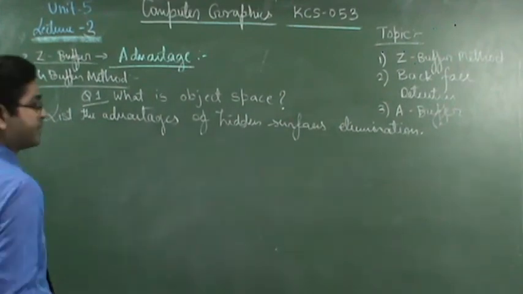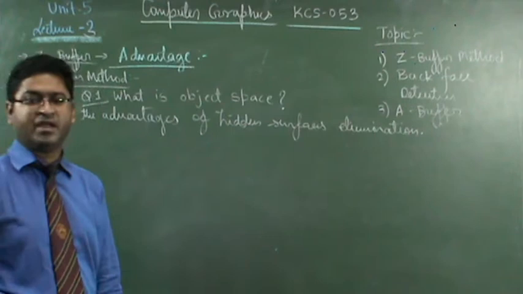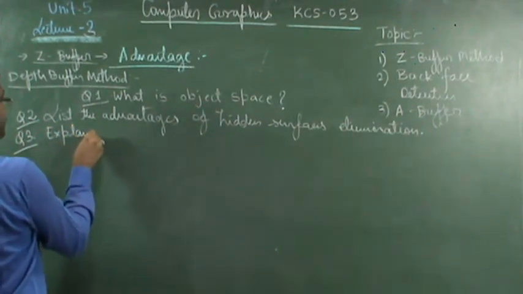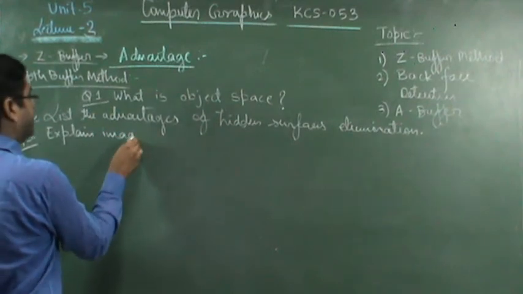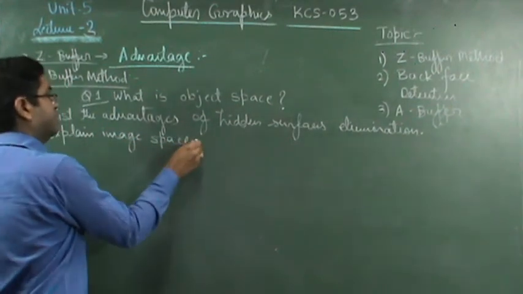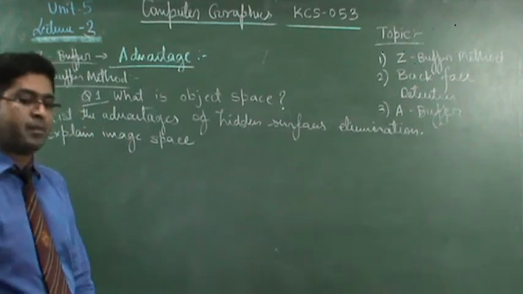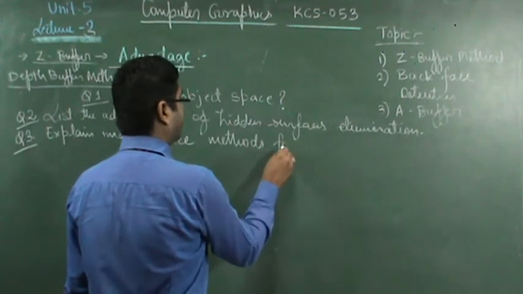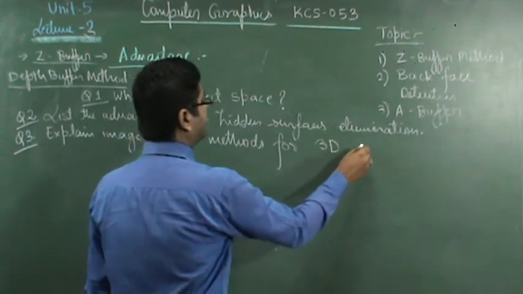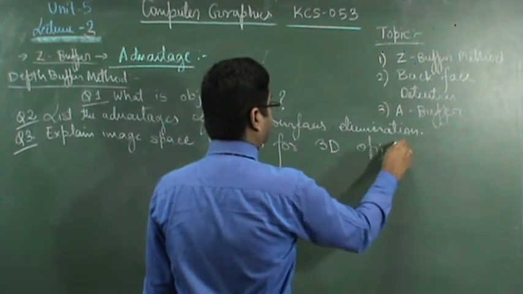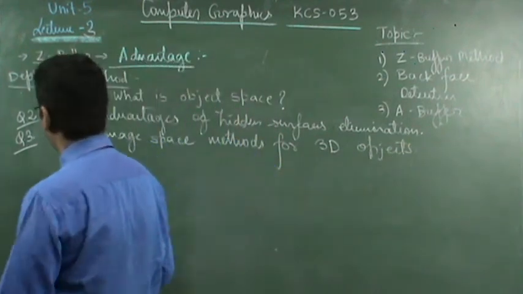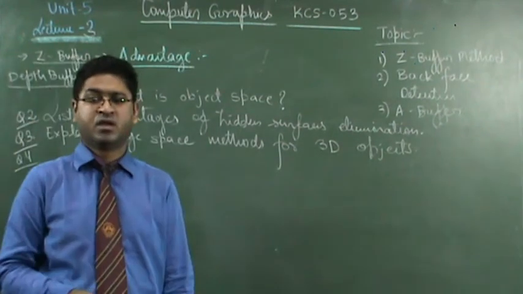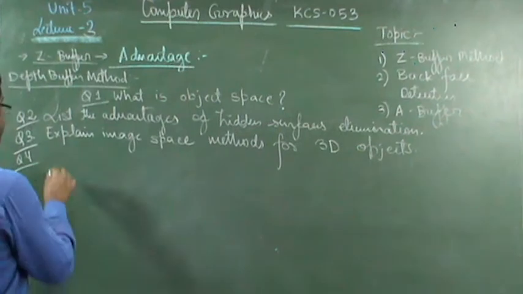Question number 3, explain image space methods for 3D objects. Question number 4, explain visible surface detection.